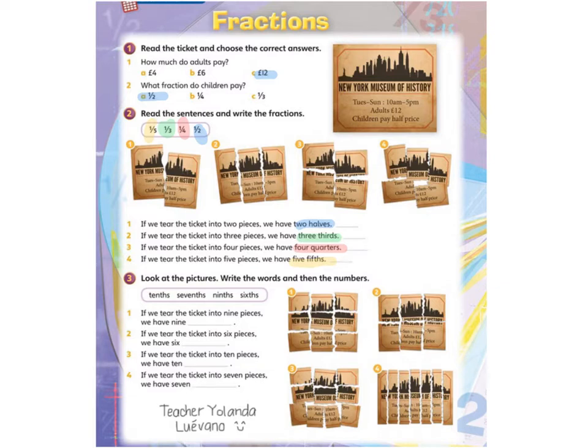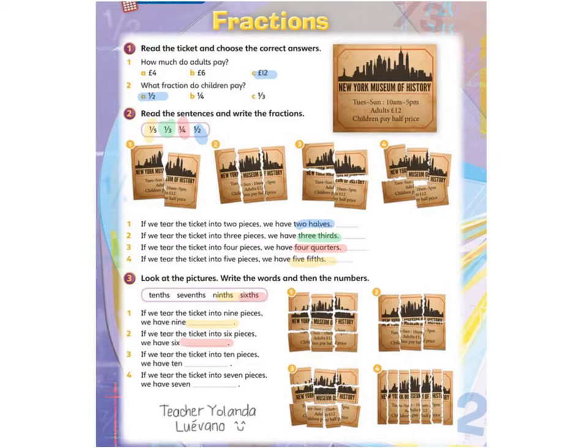Now it says, look at the pictures, write the words, and then the numbers. If we tear the ticket into 9 pieces, we have 9/9. Yes. If we tear the ticket into 6 pieces, we have 6/6.